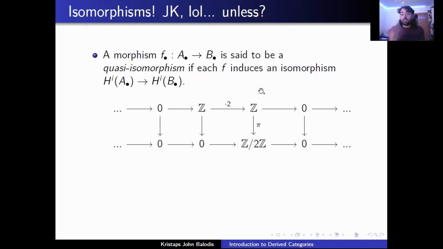And it's going to be equal because this is just the multiplication by 2 map above. So this map induces an isomorphism on cohomology, but it is clearly not a bona fide isomorphism. I mean, the only map going back up in the other direction for this one slot of interest here is just the trivial map. So it's clearly not going to be an isomorphism.